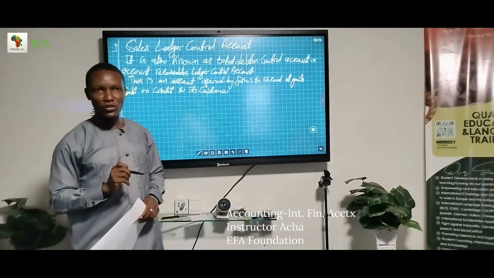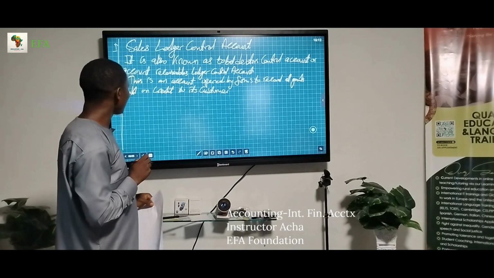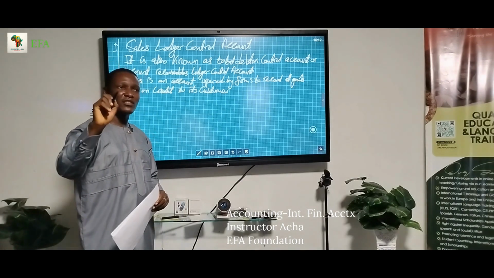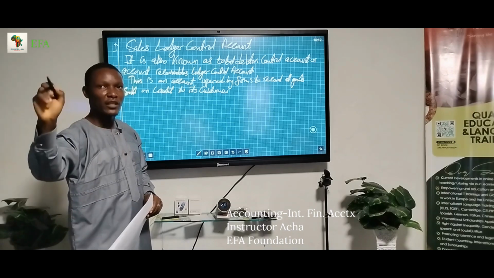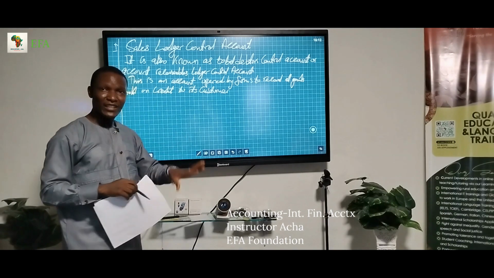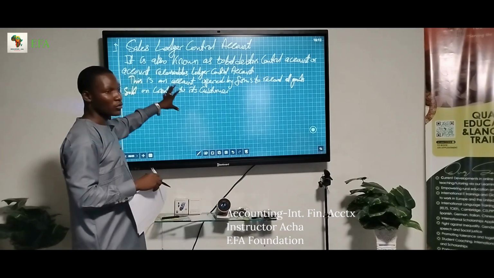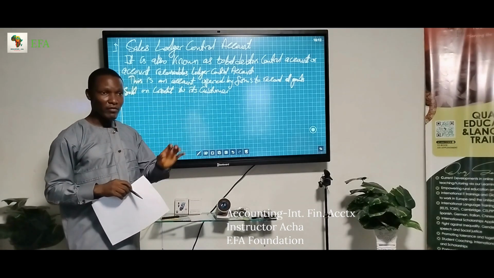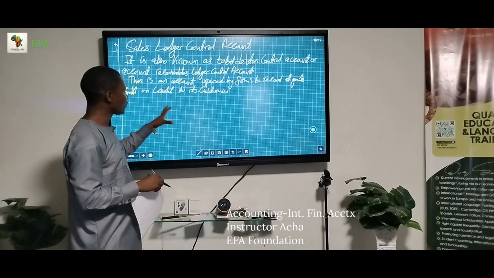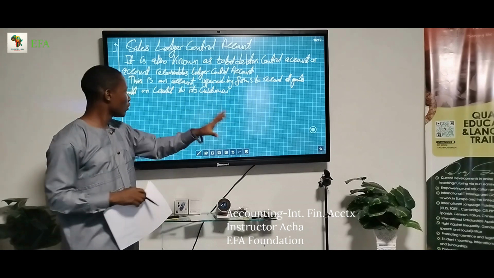Now, from this definition, bear with me that it is similar to the subsidiary of the sales ledger, the sales journal. This sales journal is a source of information that is used to prepare the sales ledger control account. Remember that the sales journal or sales daybook is a book that is used to record all goods sold on credit to customers.